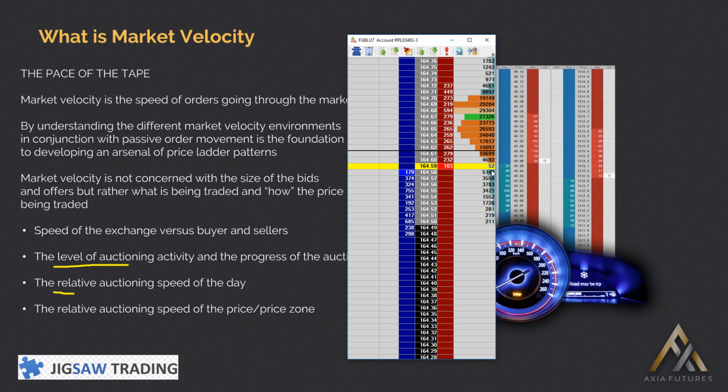So when the market starts auctioning back up towards the upside and the speed picks up aggressively, you say, compared to the upper bound of this range, the auctioning speed relative to this area was a lot higher, so on the balance of probabilities the market has a greater chance of maneuvering towards the upside. I hope I haven't lost too many people. That's a mid-level to advanced analysis of market velocity.